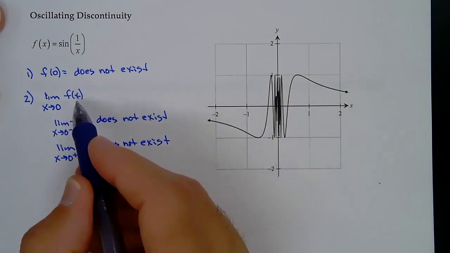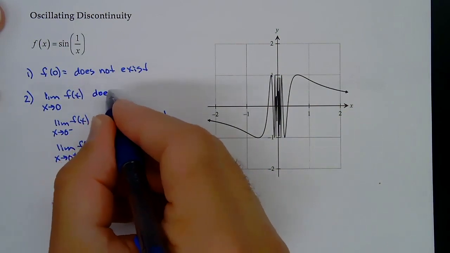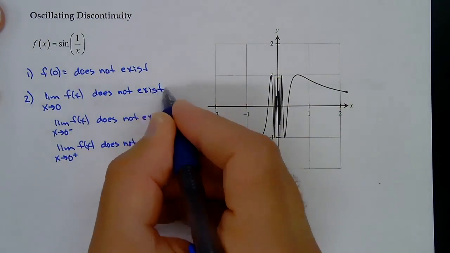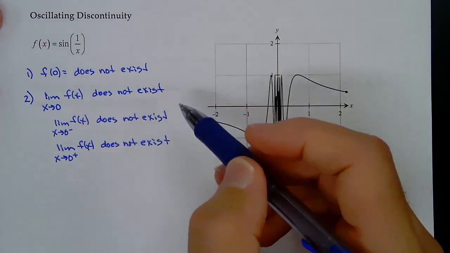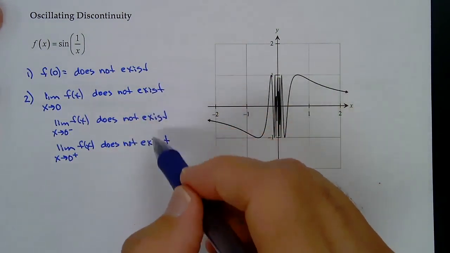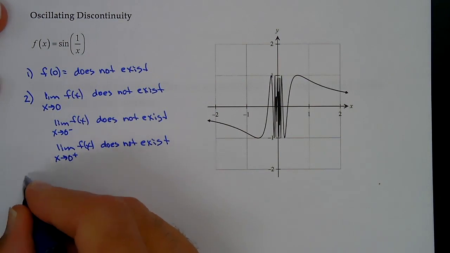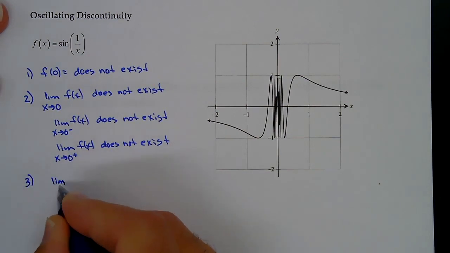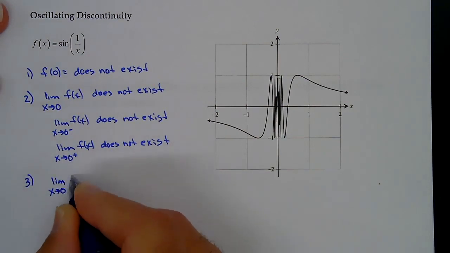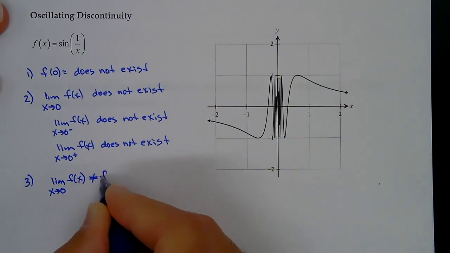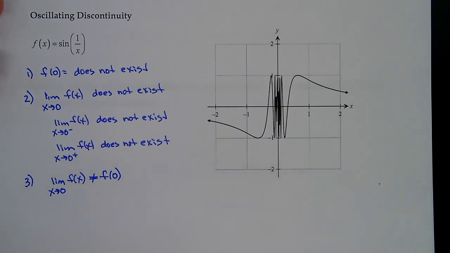And those don't exist, so this one can't exist. That's when you have an oscillating discontinuity. Well, I shouldn't say that, because you probably could have this for other reasons, but here nothing works. And the third thing would be the limit as x approaches 0 of f of x does not equal f of 0.